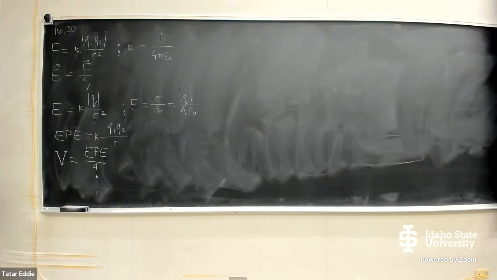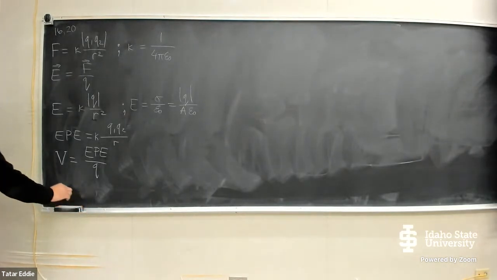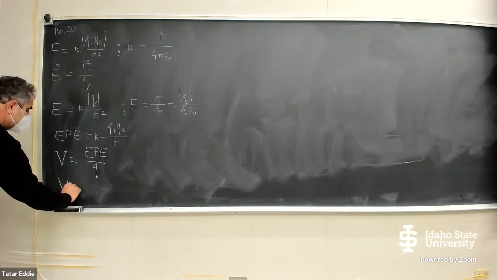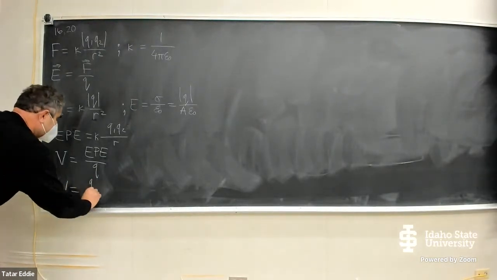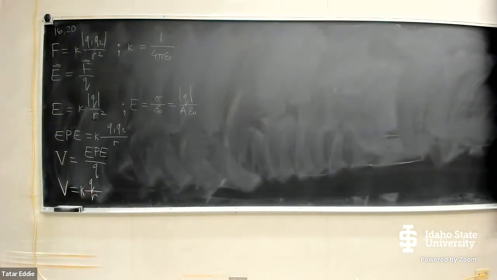And again, the voltage created by a single source, a single point-like charge, is easily written, and I'll write it here. The voltage created by a single charge at a point that is at a distance r from that charge is given by the value of the charge divided by the distance times the same constant of proportionality. Again, now we have to take Q together with its algebraic sign.